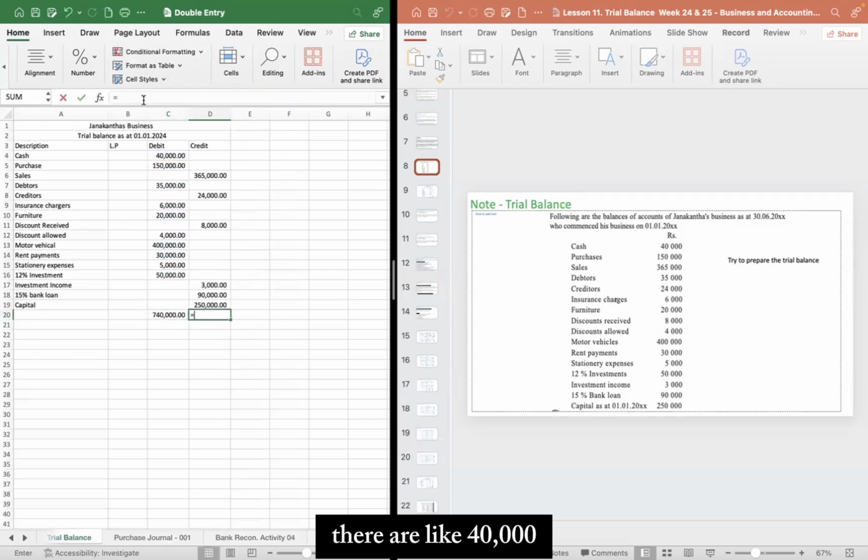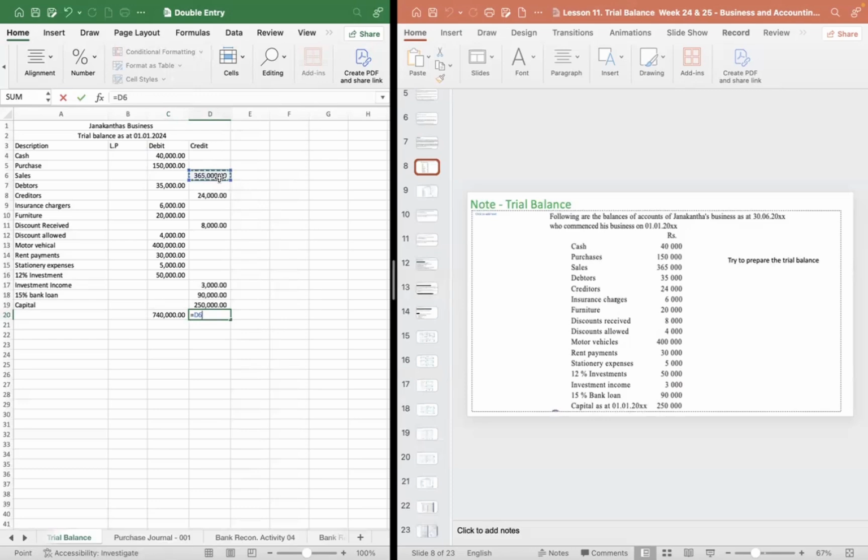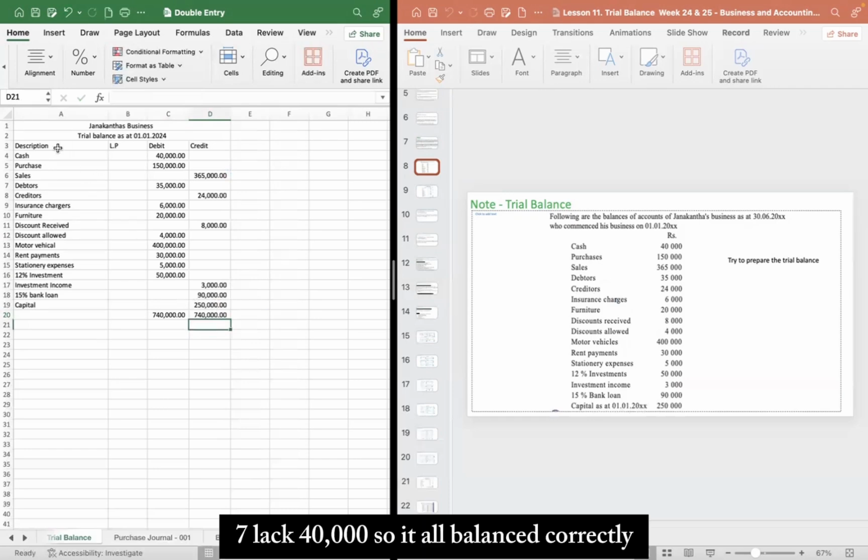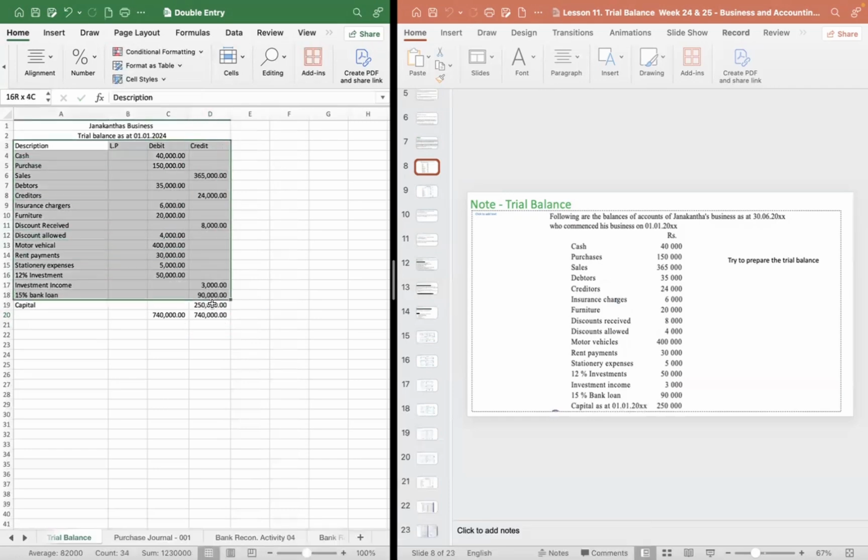So 140,000. So it all balanced correctly.